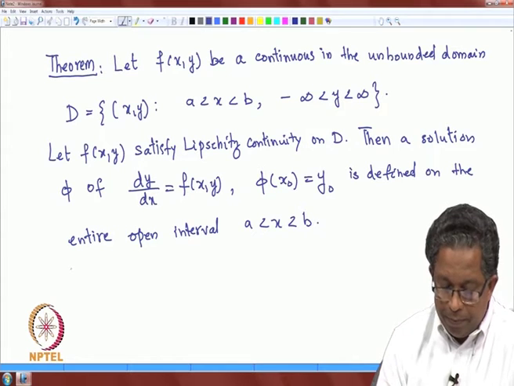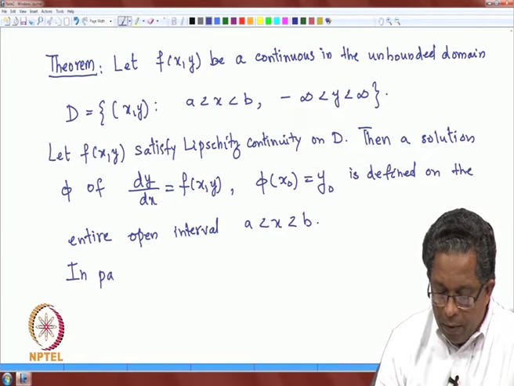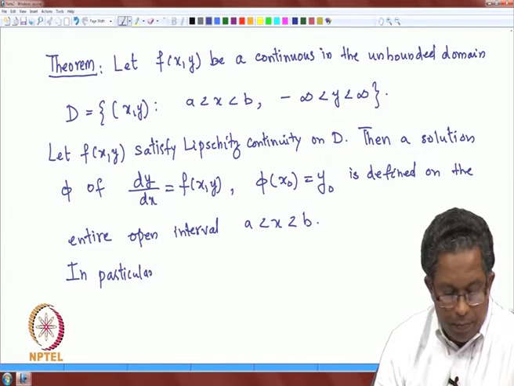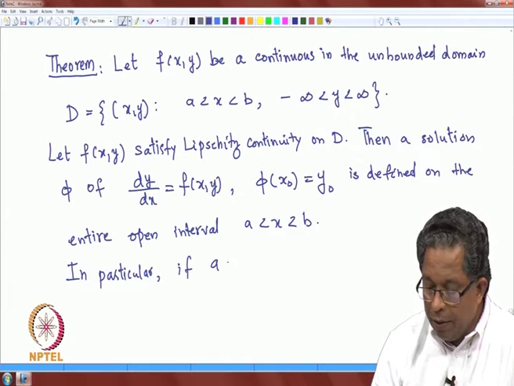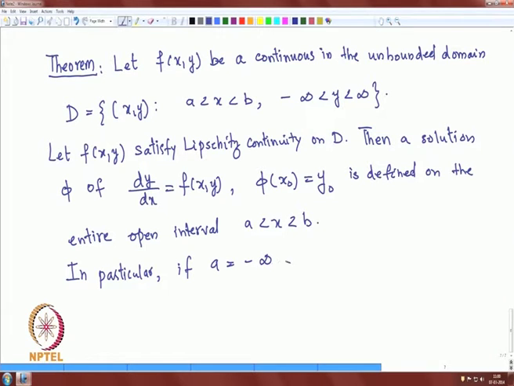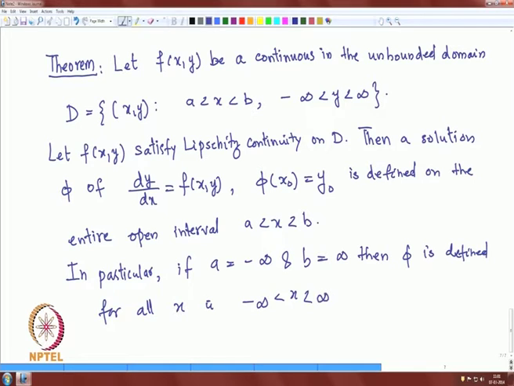In particular, if a is minus infinity and b is infinity, then the solution phi is defined for all x, that is x varying between minus infinity to plus infinity.